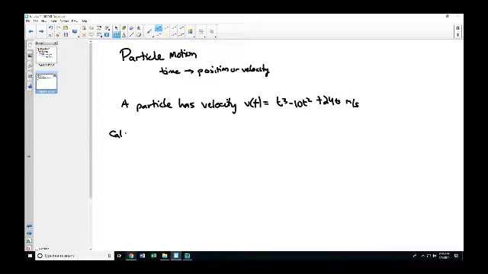Calculate the displacement of the particle from t equals 0 to t equals 6.